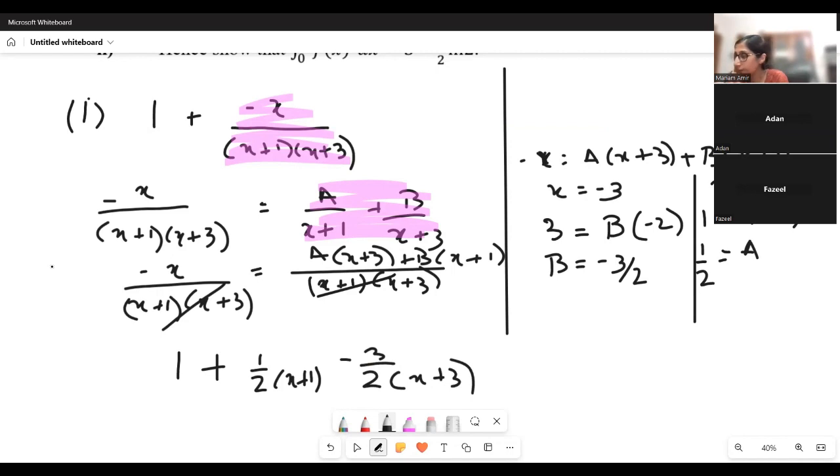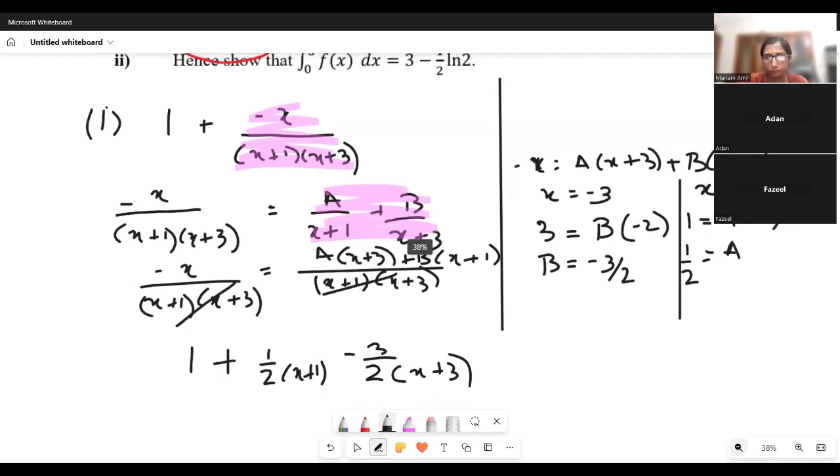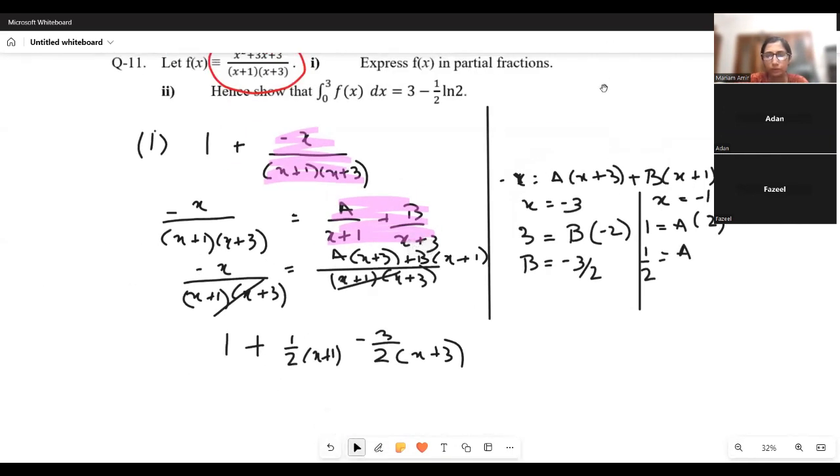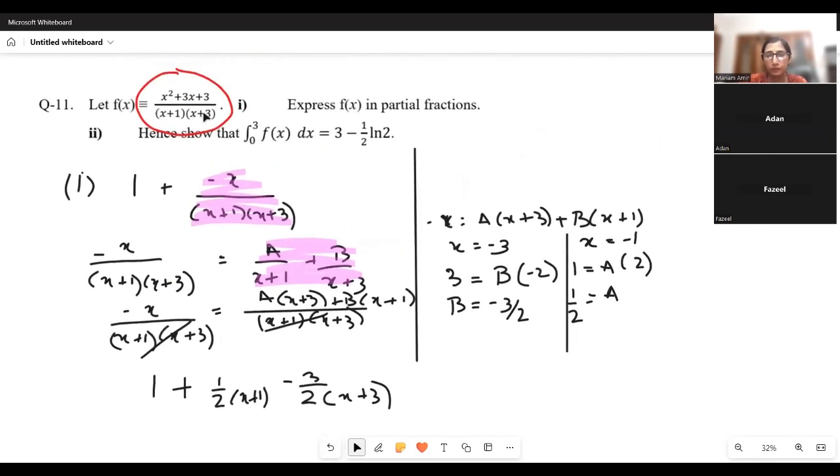Let me confirm. Okay, that's correct. So we have expressed fx in partial fractions. Now we integrate it.